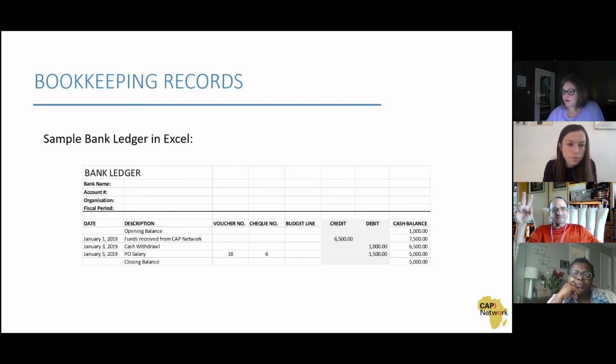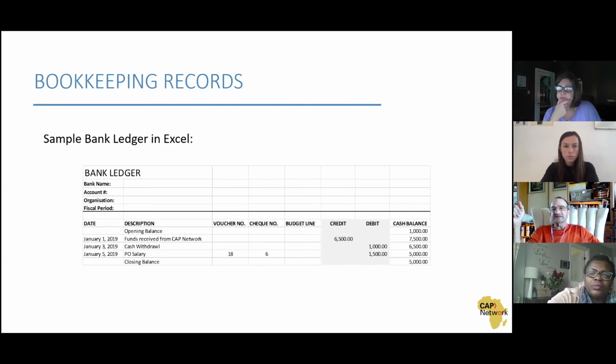So in some countries, a part of salaries are taxes that go directly to the government. So that would be a different expense here, not included in the PO salary line. Yeah, so in this case, there was none. But you're right.